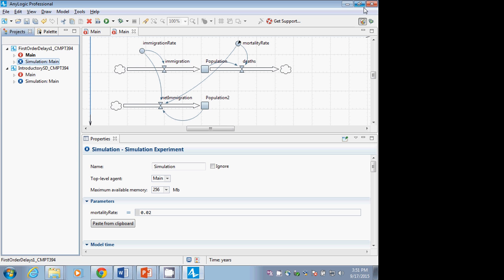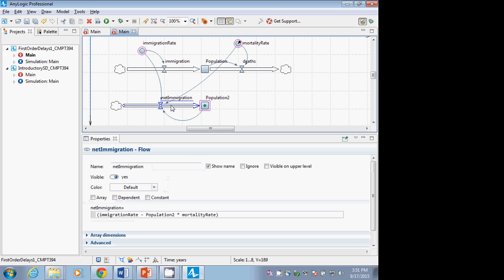So what I want you to do is to come up with a formulation where this inflow here is of the following form.